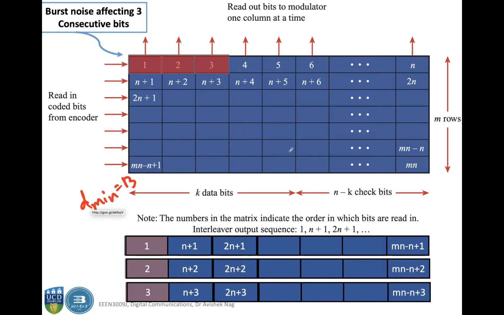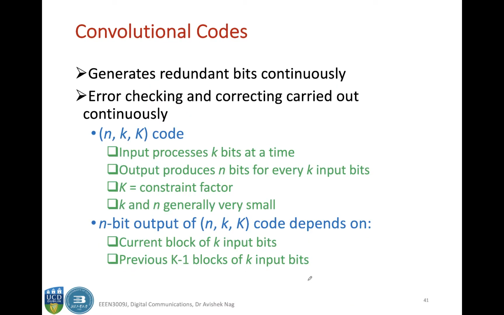If you have 3 consecutive errors, then you need a more complicated code with a higher dmin, and sometimes it becomes very difficult to even correct these types of burst errors. So that's why we are doing this bit interleaving. Only one bit in each data block is affected, as you can see here. So we'll move on, and that was the end of the linear block code discussion.